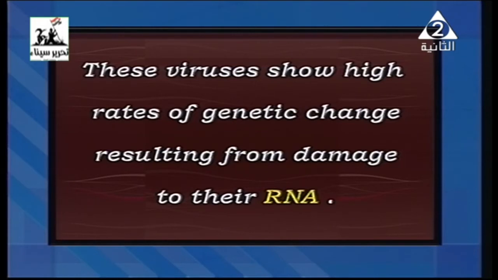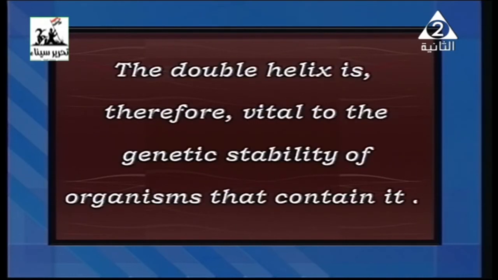The RNA itself doesn't get repaired as easily as the DNA. I mean the missing part, we cannot repair it. The double helix is vital to the genetic stability of the organism that contains it, as we said.